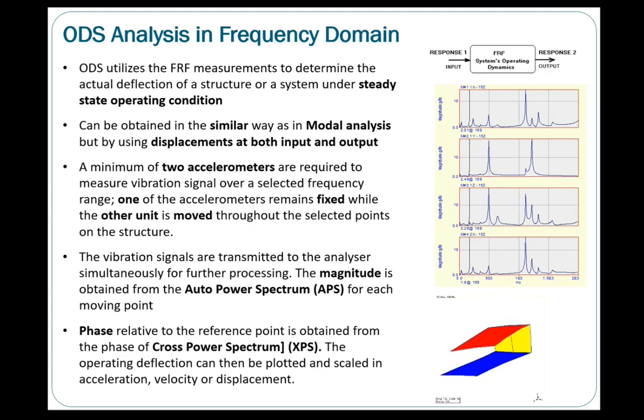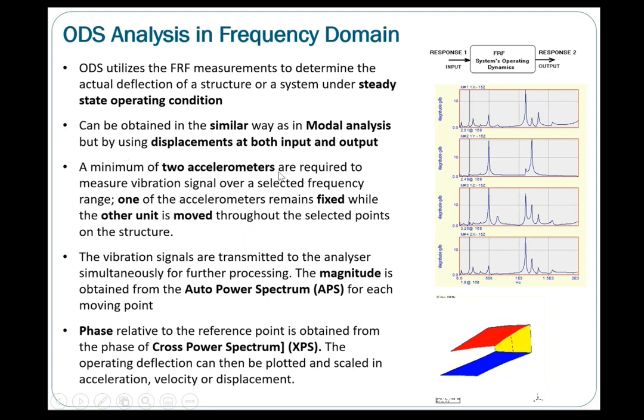So we need another reference sensor to give us the relative phase. Remember the phase that we learned before? It gives us the direction of each measurement point with reference to the reference measurement. That can be obtained in a similar way as in modal analysis.